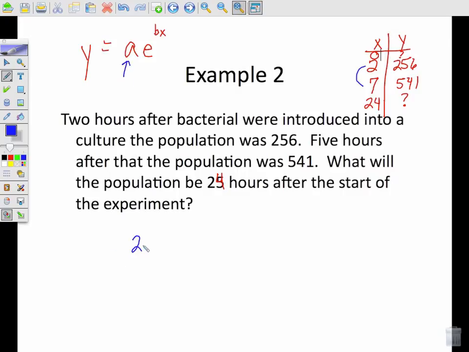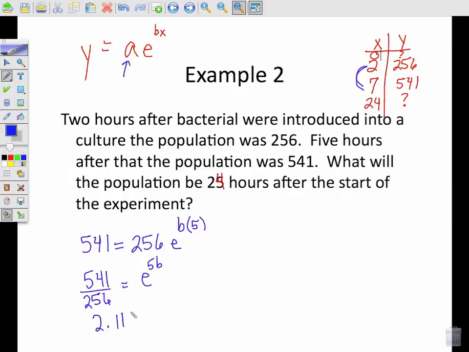So at an initial time, let's say 2 hours, would be 256. The ending amount 5 hours later is 541 equals 256 times e to the bx, and my time, how long it took between these two readings, was 5 hours. We're going to solve this. So you take 541 and you divide it by 256, and this will equal e to the 5b.